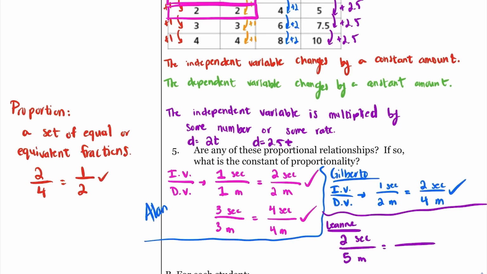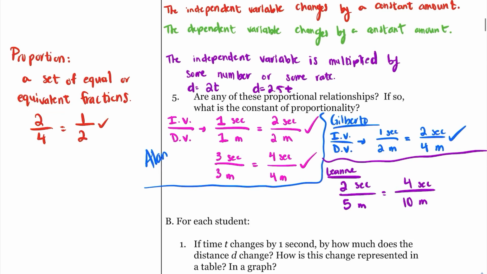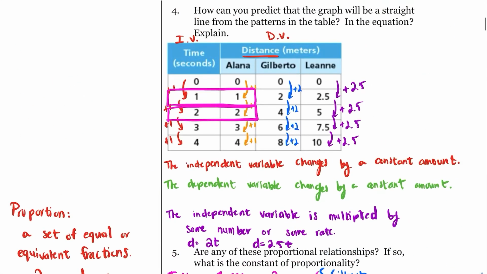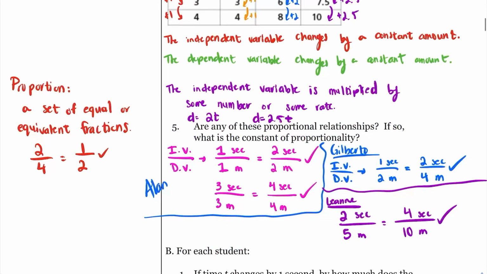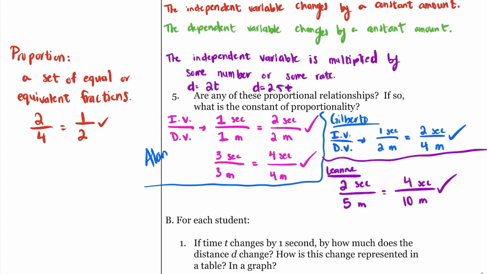Then I'm going to compare that to 4 seconds and the next whole number, which is 10 meters. Are these two ratios equivalent? Are these two fractions equal to each other? Yes, indeed. So it looks like all three of these relationships from Alana, Gilberto, and Leanne are proportional. So we'll say yes, they all are.